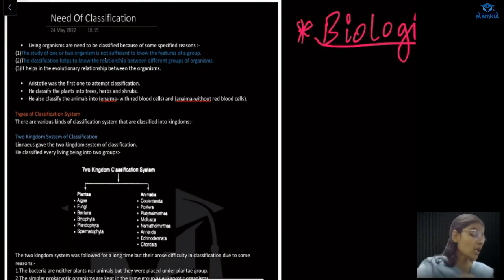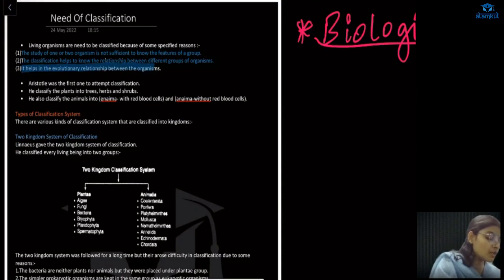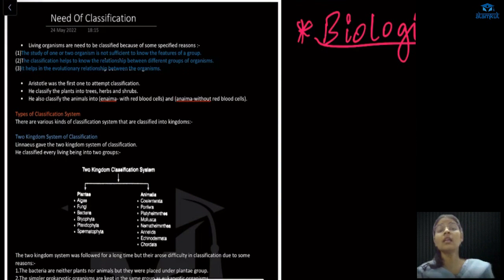Classification also helps in understanding the evolutionary relationship between organisms, like how the first one was born, and from there how evolution started and development took place.